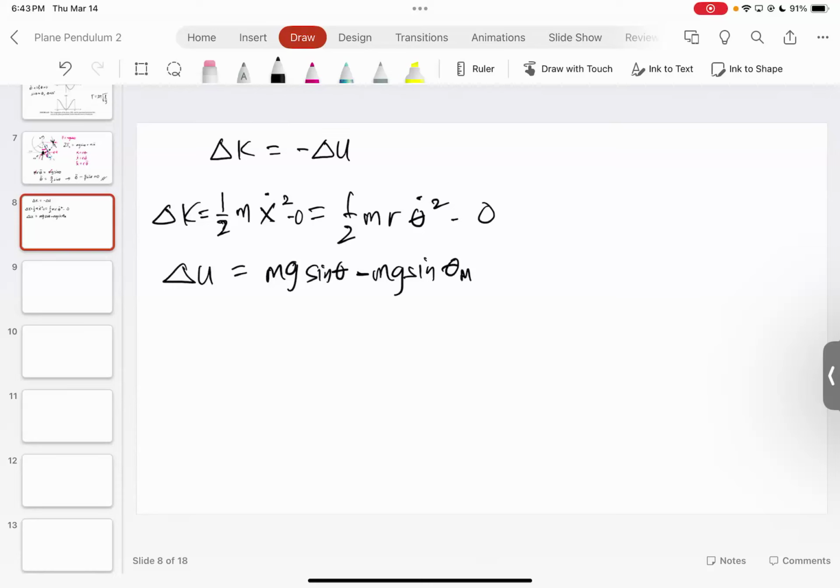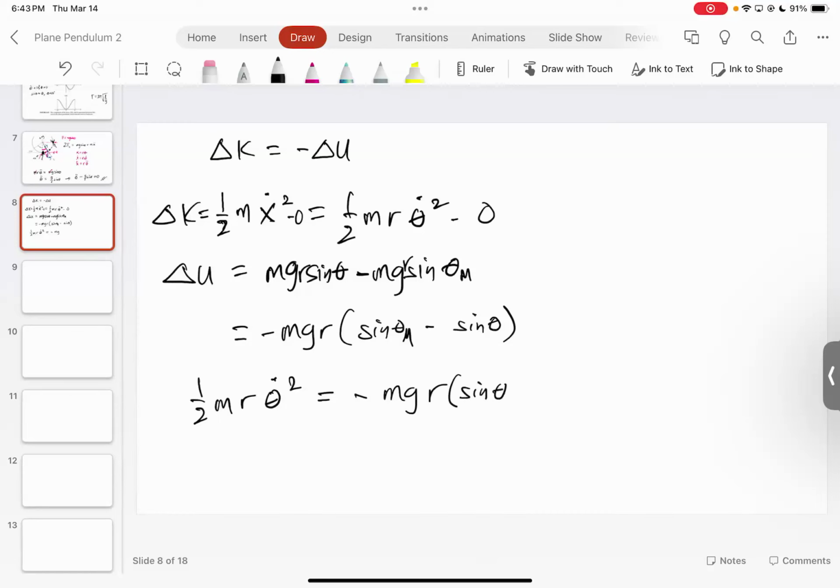So I can write it as mg, wait, where is the h? The r. There should be an r. So mgr (sine theta m minus sine theta). So that is delta U, which means now we have 1/2 mr theta dot squared is equal to negative mgr (sine theta m minus sine theta).